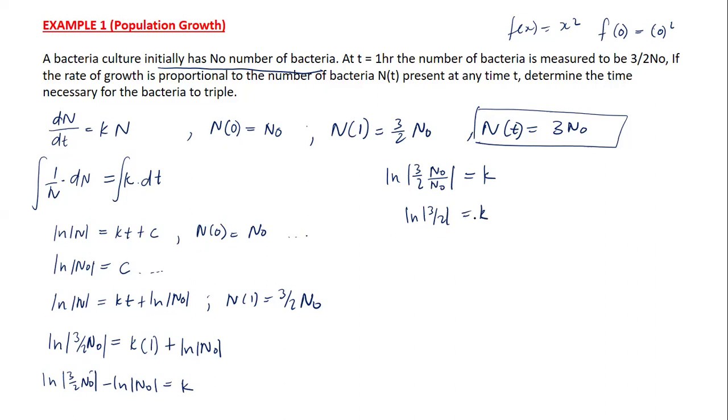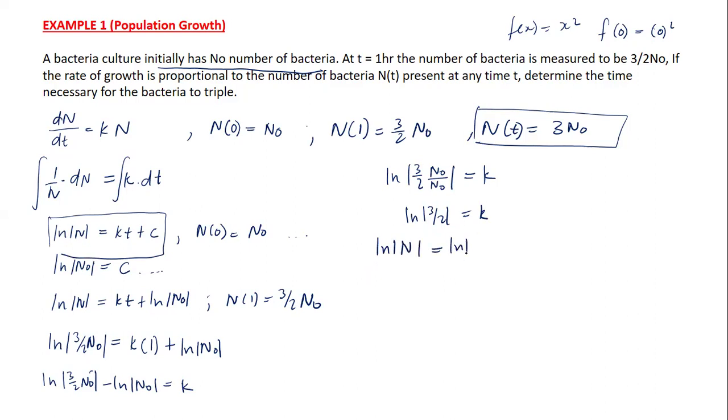Now we can substitute k and c onto this equation, and then we have the particular solution. After having that particular solution, I don't want to waste time, but okay, let's write it. So our particular solution in this case is going to be ln n is equal to our k.